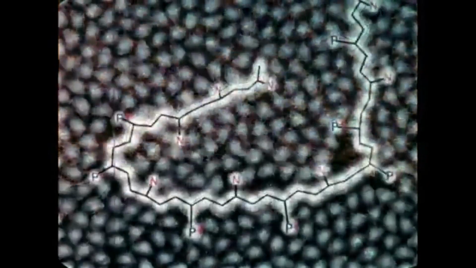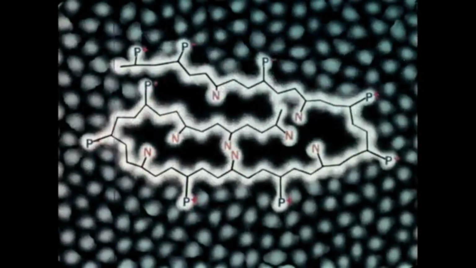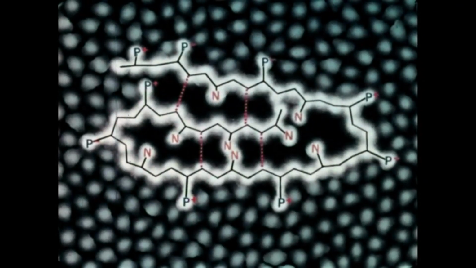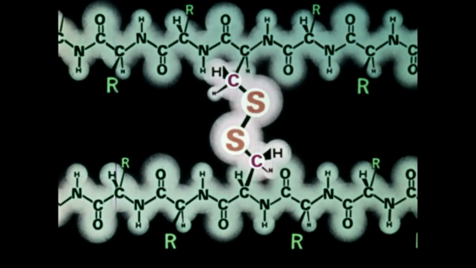This action is similar to the formation of oil drops in water and is the reason why many proteins have a globular shape. This hydrophobic folding of proteins is sometimes strengthened by hydrogen bonding or by covalent bonds between the sulfur atoms of the amino acid cysteine. This bond is known as a disulfide bond.